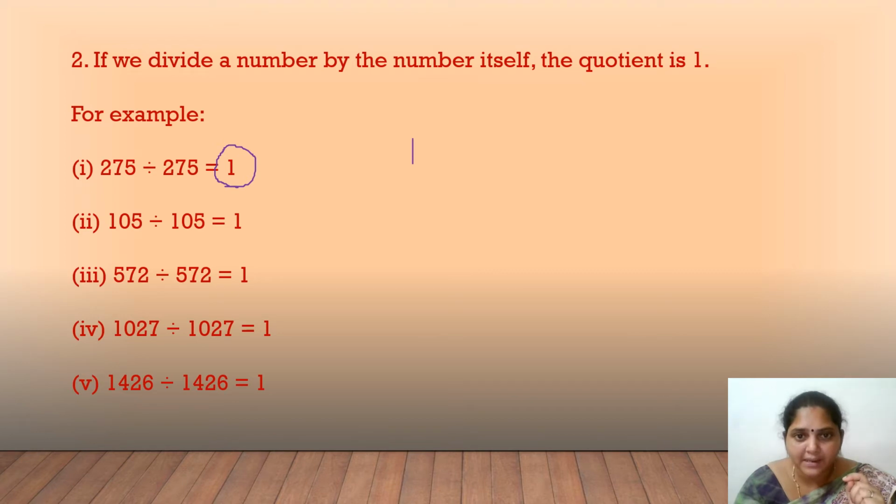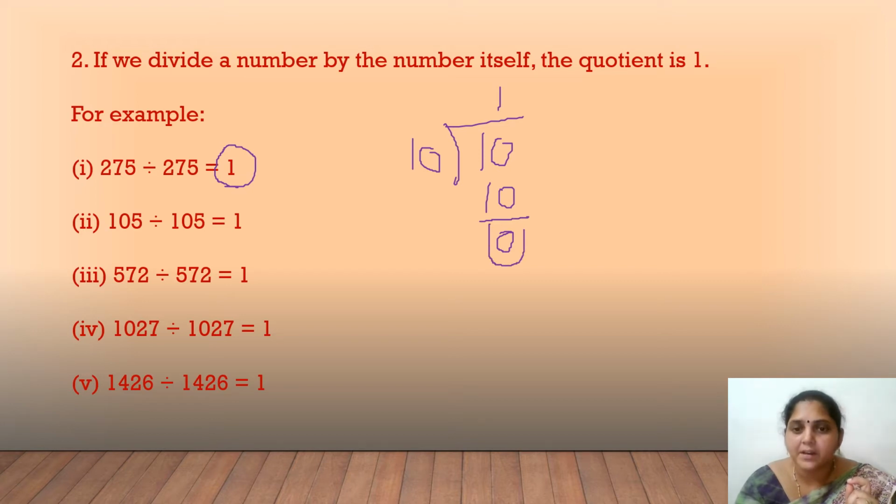For example, my number is 10. When I am dividing 10 by 10, in the 10 table, how many times does 10 come? Only one time. So 10 ones are 10. What is my remainder here? My remainder is 0. So any number divided by the same number, you will be getting your quotient as 1.